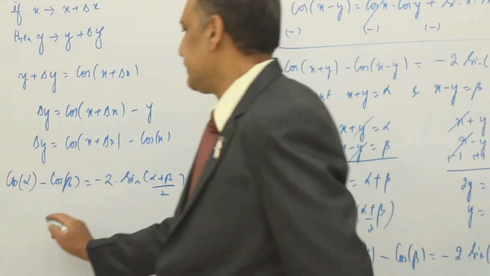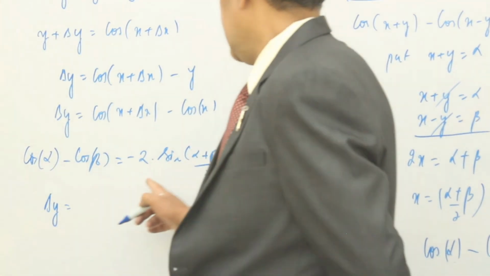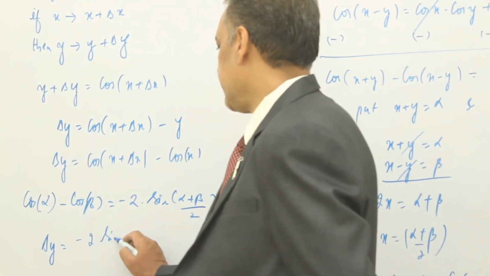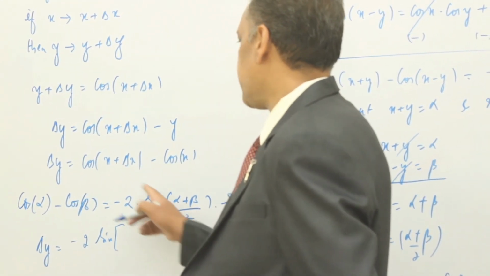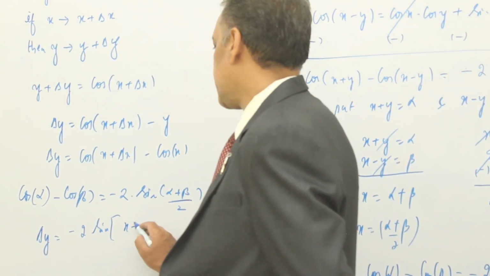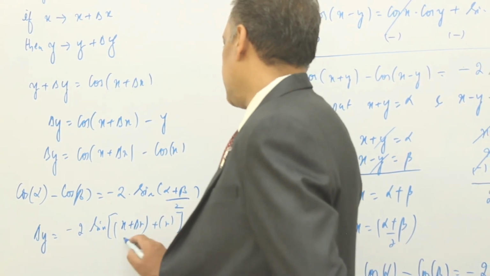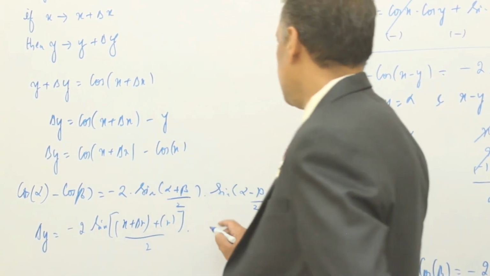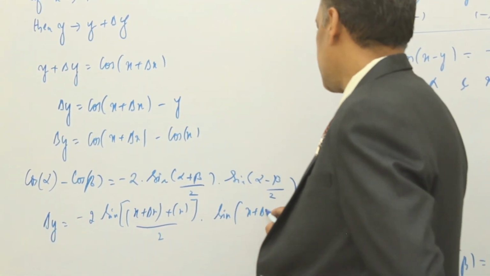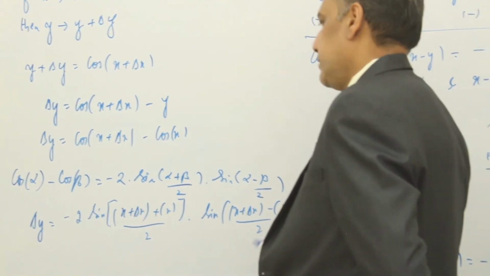So we'll be getting delta y equal to minus 2 sine of alpha plus beta, where this is like alpha and this is like beta. So it will become x plus delta x plus x by 2 into sine of x plus delta x minus x by 2.